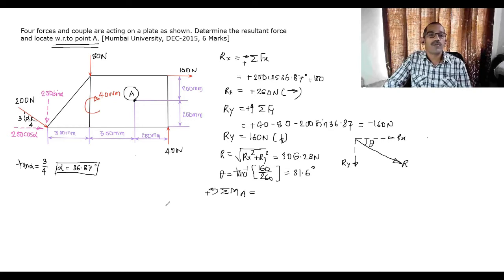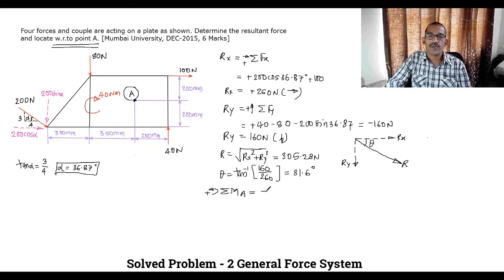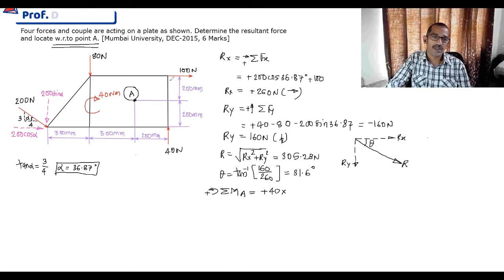One by one, first the moment of this 40. Imagine a rod from A to this corner of the plate, and apply the force upward. We get anti-clockwise moment due to 40, plus 40 into the distance. Force is vertical, so the perpendicular distance is horizontal, 200 mm.